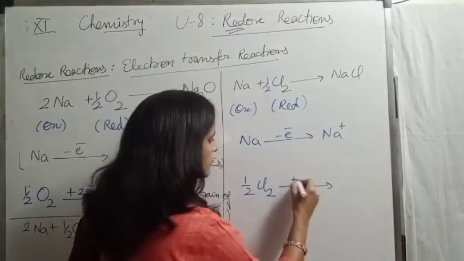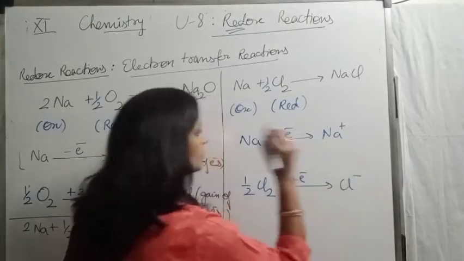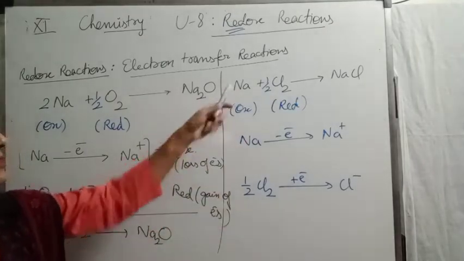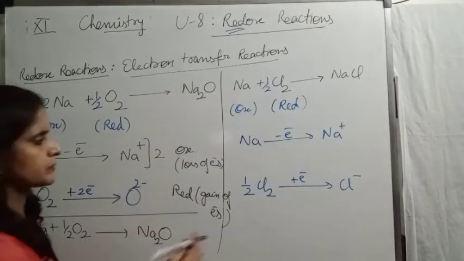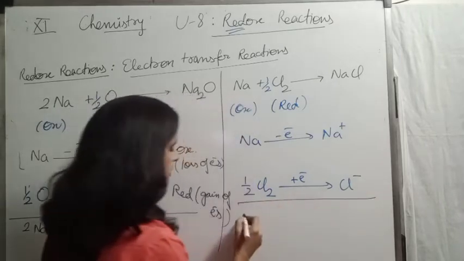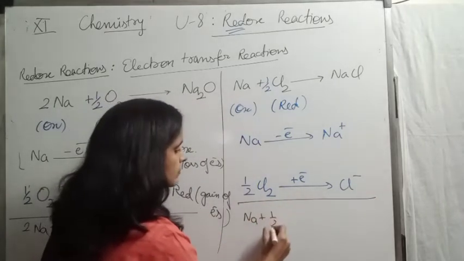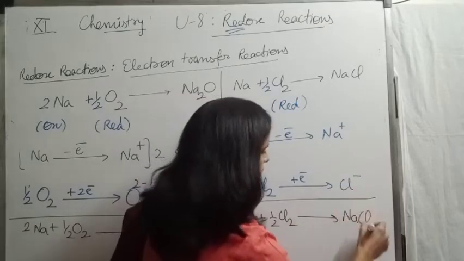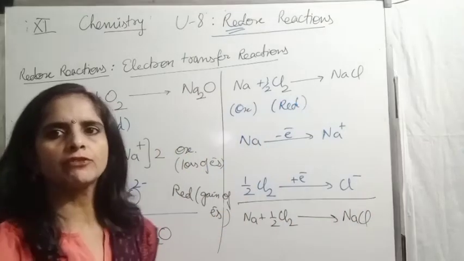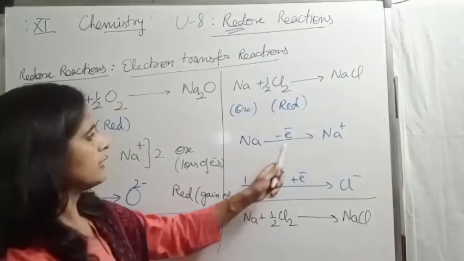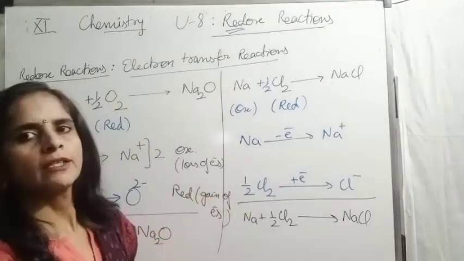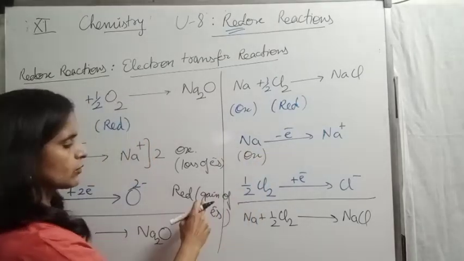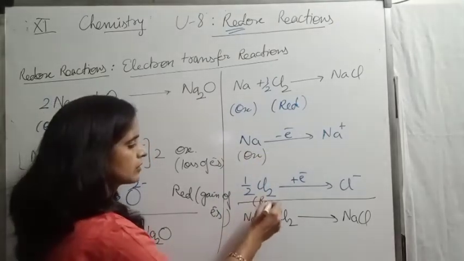By taking this electron, it is converted into chloride ion. Now if we add these two reactions, we will get the overall reaction. Sodium plus chlorine gives NaCl, combined together through electrostatic forces of attraction. Again, this is loss of electron, means oxidation. This is gain of electron, means reduction.